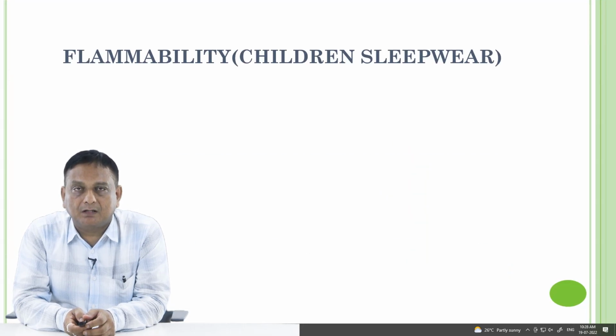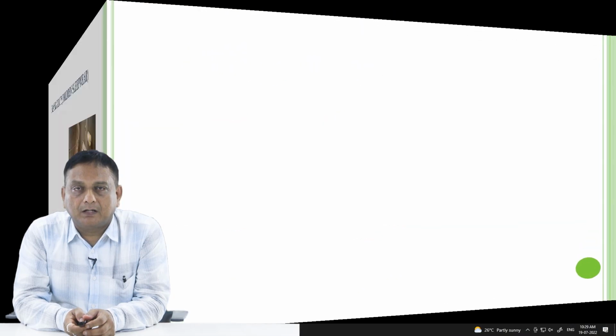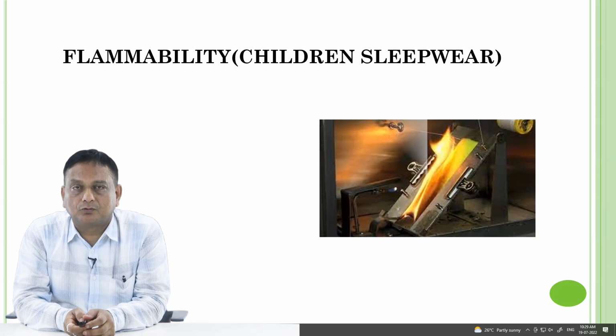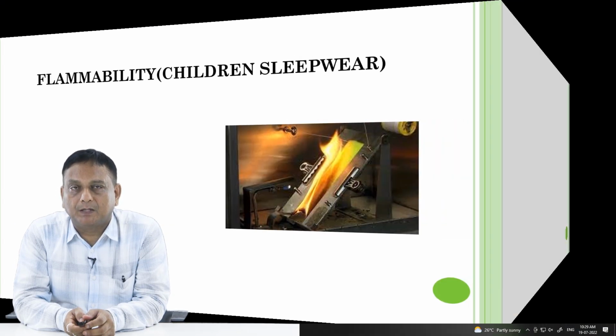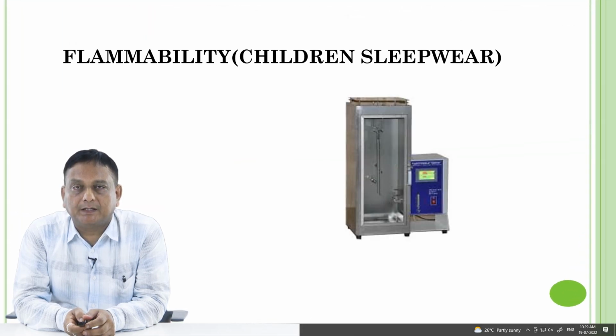Now coming to children's sleepwear and flammability testing. Here one is the 45-degree flammability test, and there is also a vertical flammability tester. So two kinds of testing instruments are there. This is also a 45-degree flammability tester, and children's apparel is normally judged through this kind of vertical flammability tester.